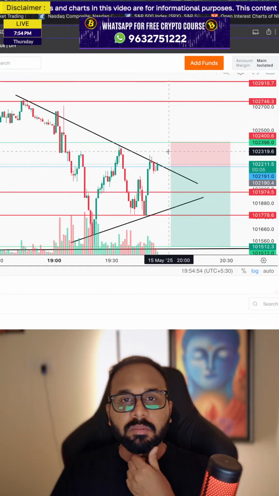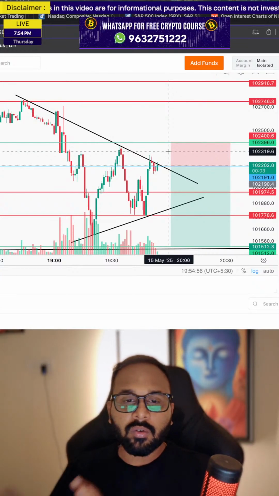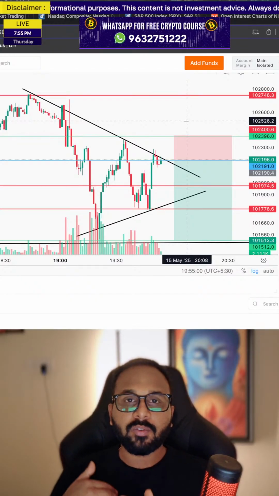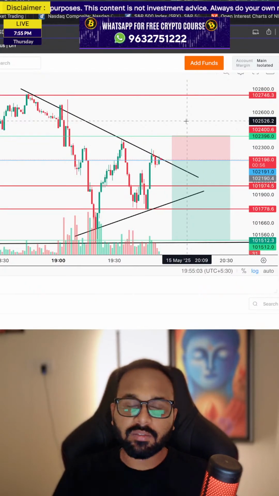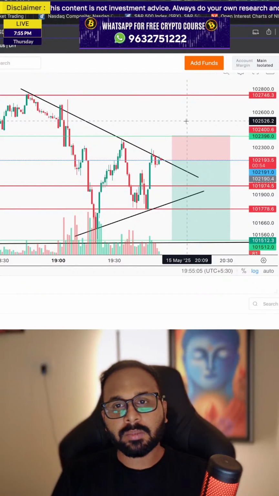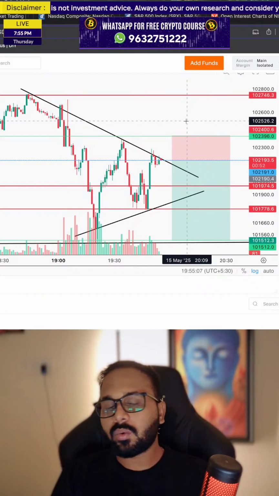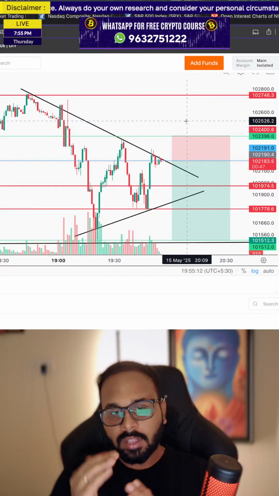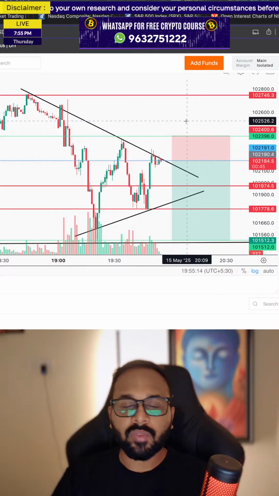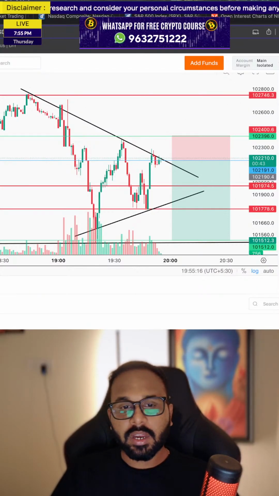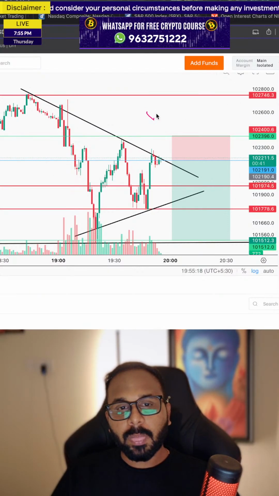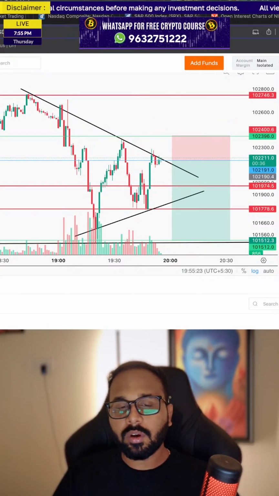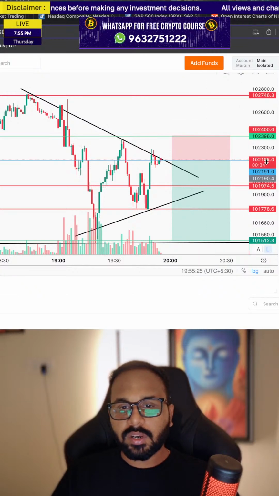When will the premiums be low? Just half an hour or 45 minutes before the market closes. That means before the expiry, around 5:30. So my expectation is somewhere around 4:30 or 4:40 to 5:30. That is when option premiums will be low. So if you want to capture a sideways market, then that is the time, 30 or 40 minutes before the market closing time, you have to look for option selling.